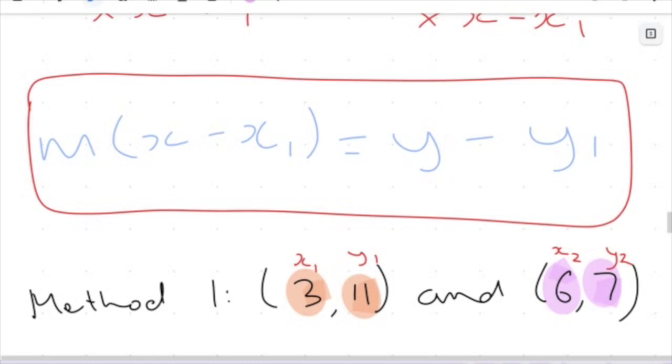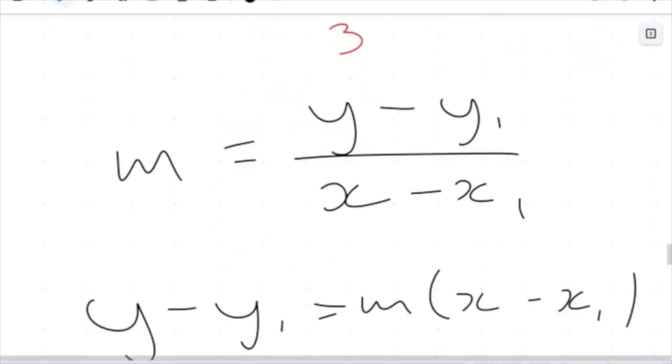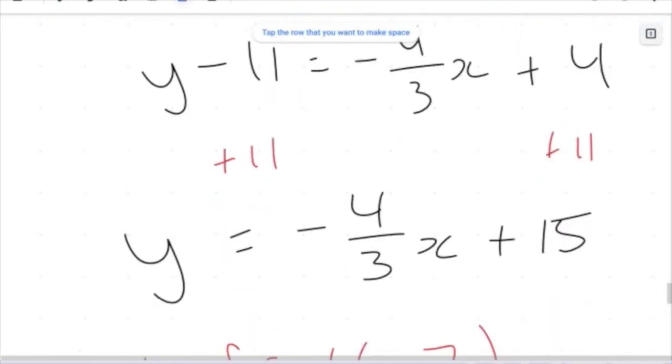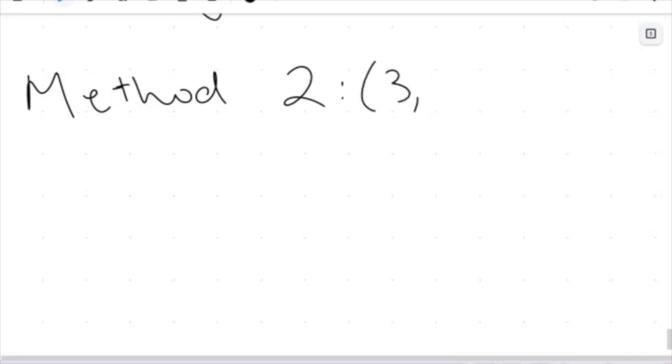Okay, now I'm going to do one more different method. If you're satisfied with the one we just did, cool. I'm just giving you the option so you can use another one if this one is a little bit confusing for you. So we still have the points 3, 11 and 6, 7.